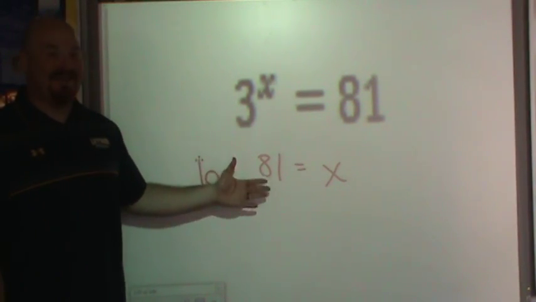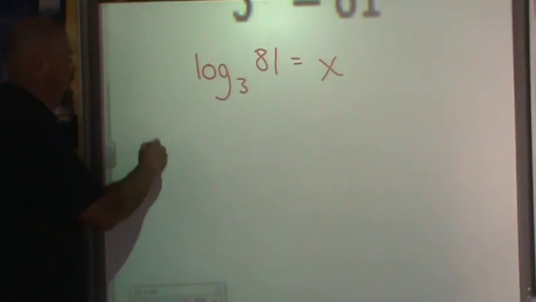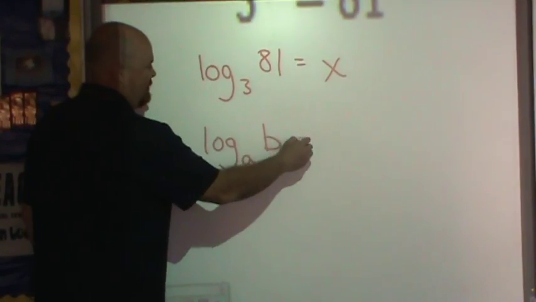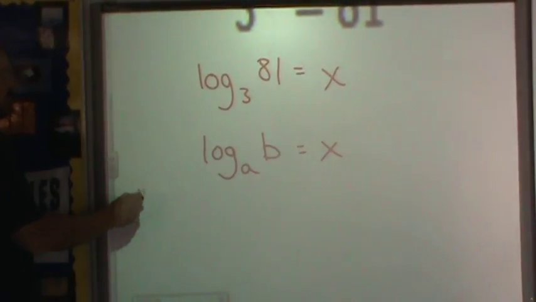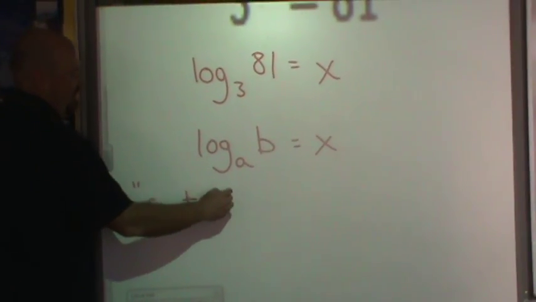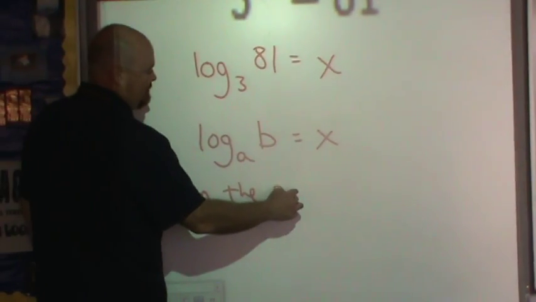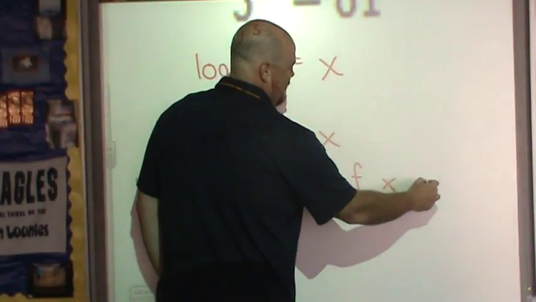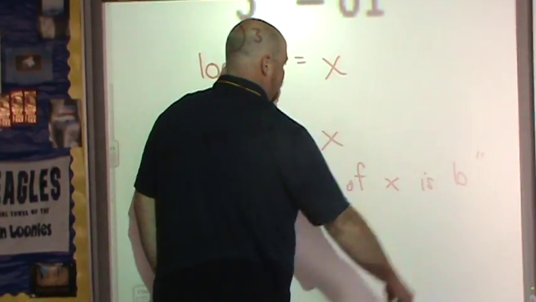But when it's written like this, I'm going to write this down. The basic format of any logarithm is a to the power of x is b.